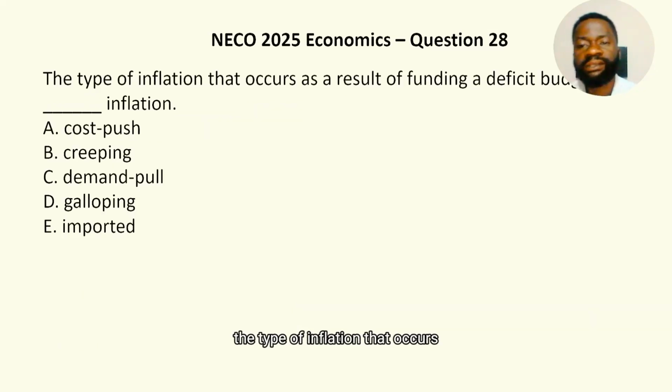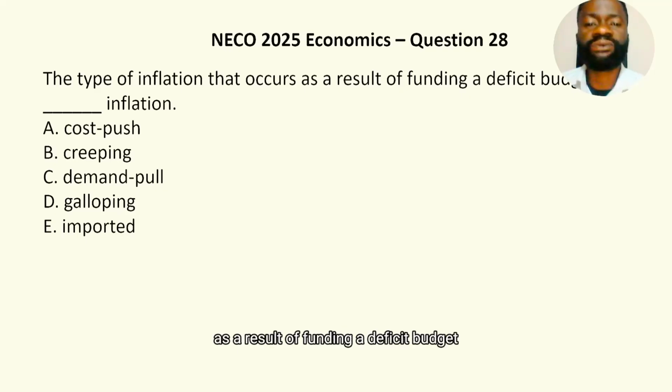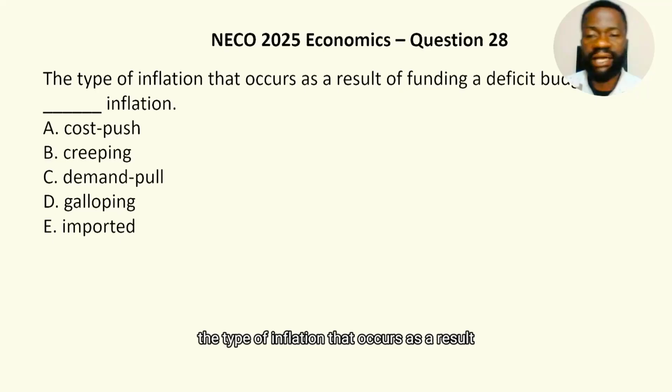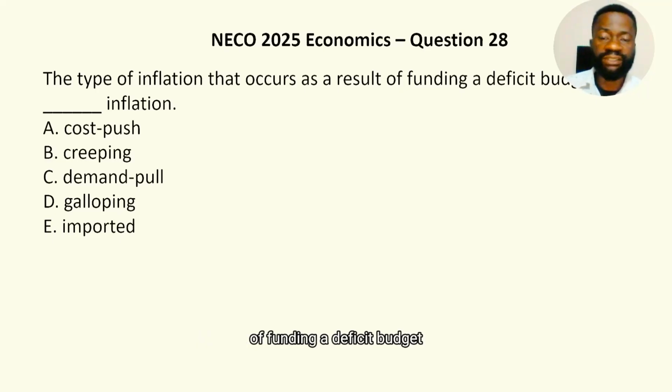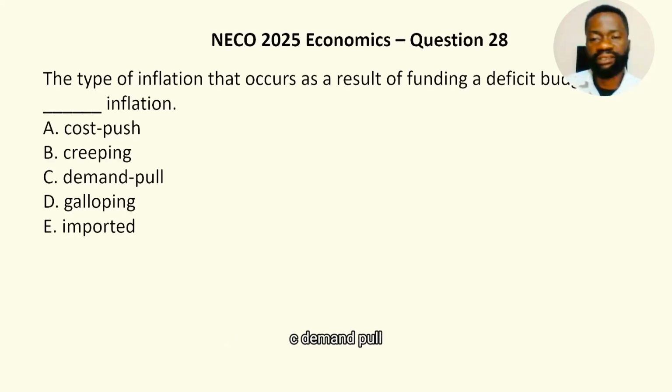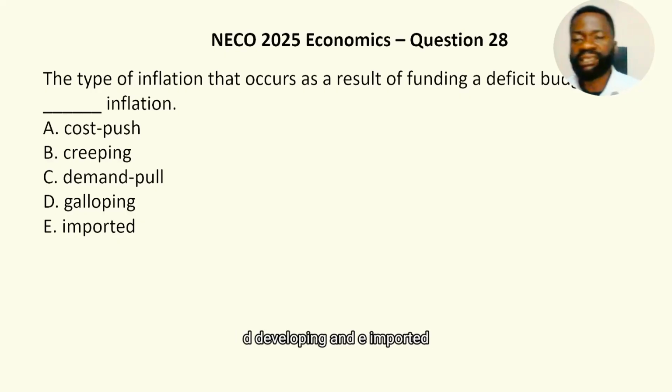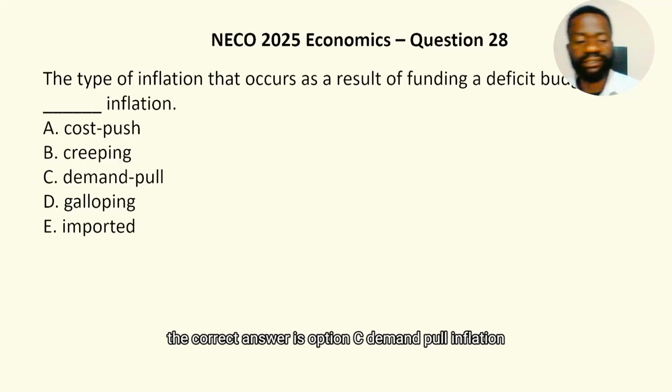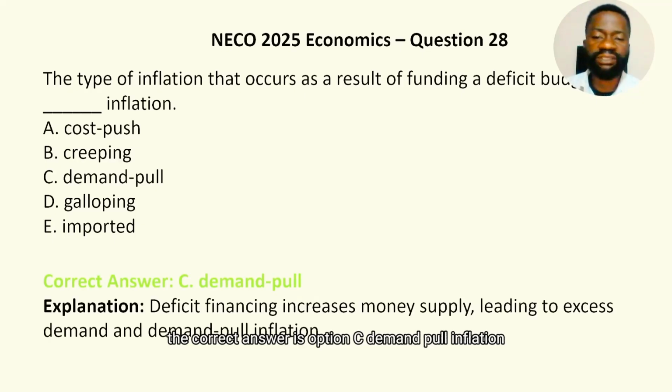The type of inflation that occurs as a result of funding a deficit budget is dash inflation. A. Cost push. B. Creeping. C. Demand pull. D. Galloping. And E. Imported. The correct answer is option C, demand pull inflation.